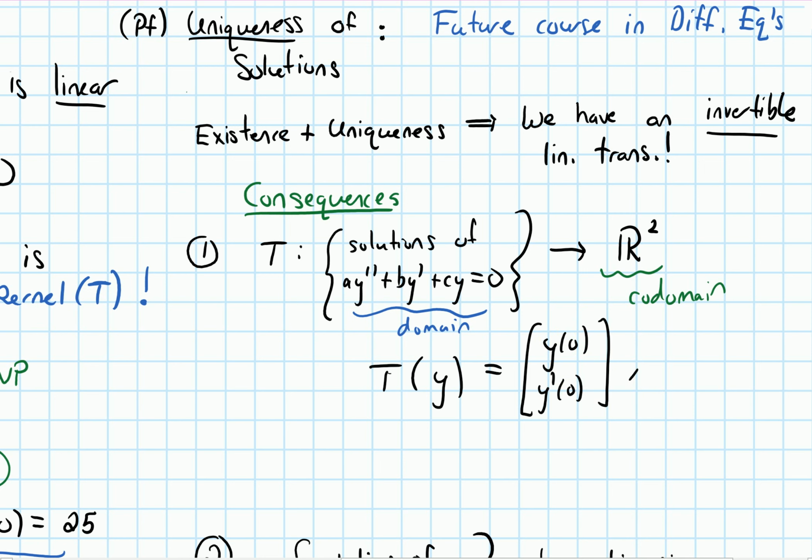So it turns out that this function is a linear transformation. All right, and moreover, because we noted above that this should be invertible, that means that T is 1-to-1 and it's onto. It's got to be 1-to-1 and onto to be invertible.